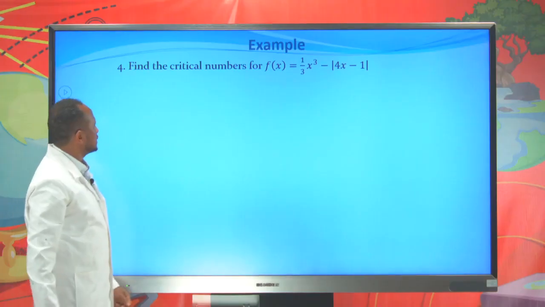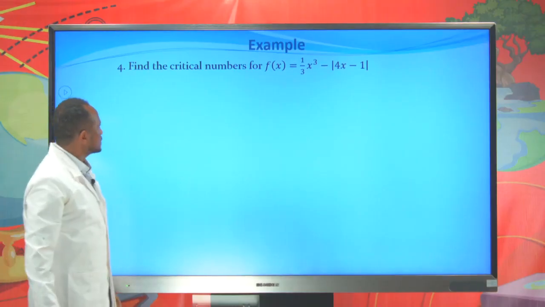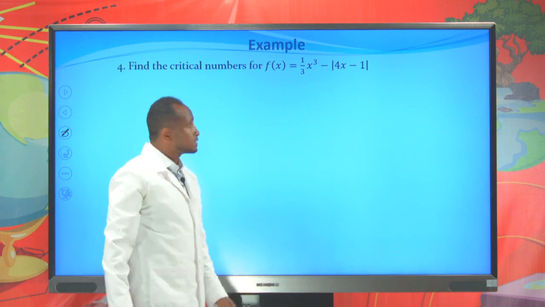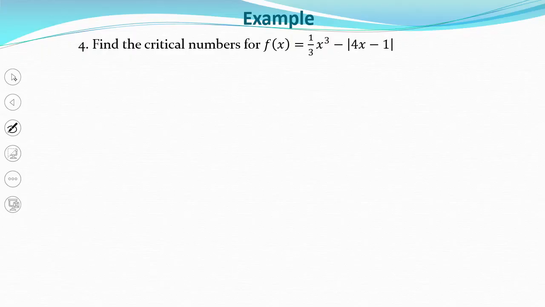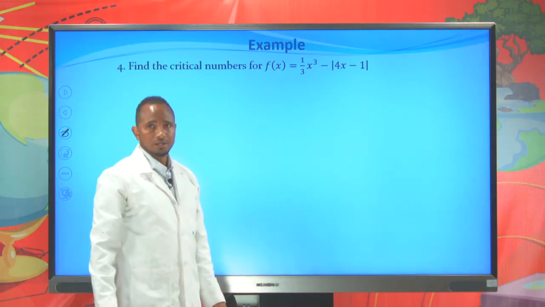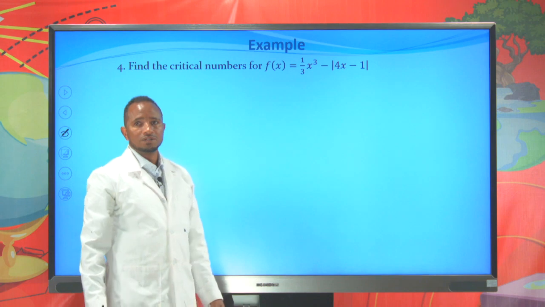Now example 4: find the critical numbers for f(x) equals 1 over 3 x cubed minus the absolute value of 4x minus 1. Now let's see the solution.